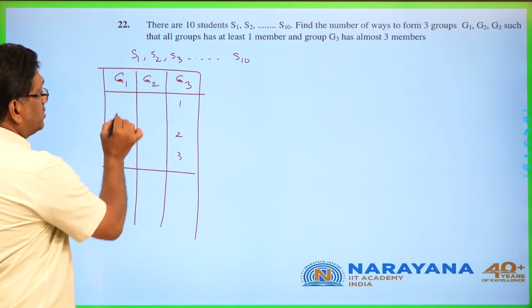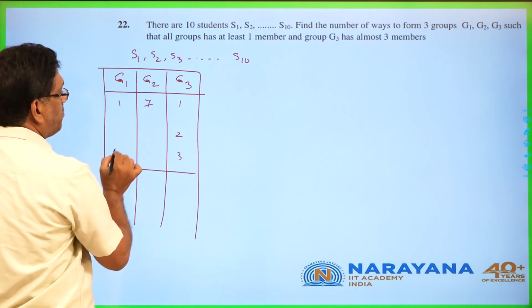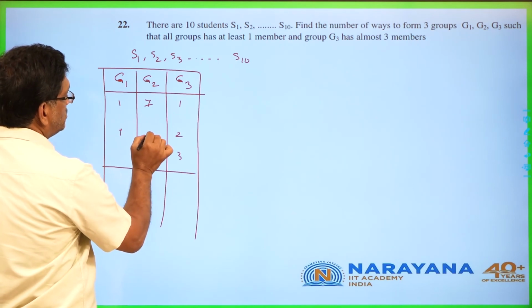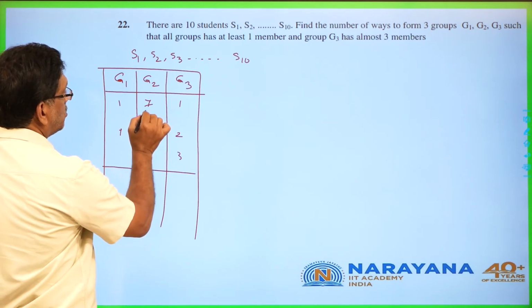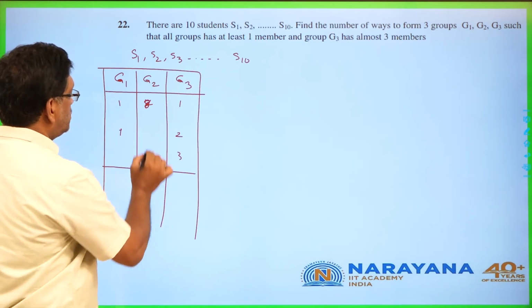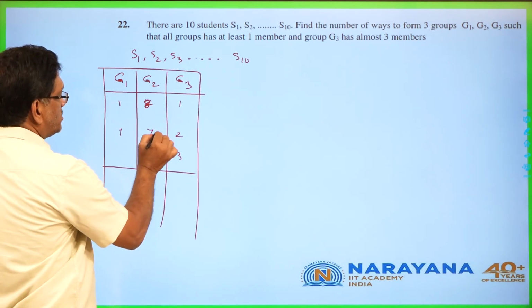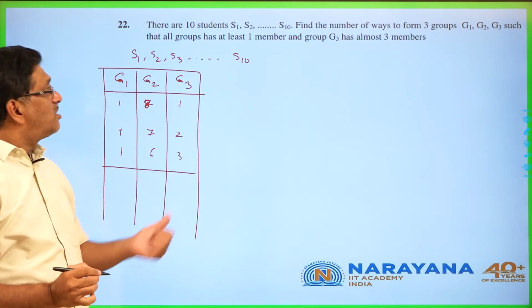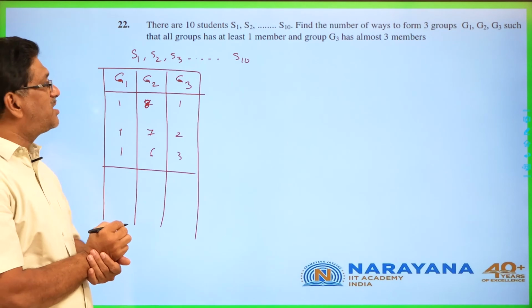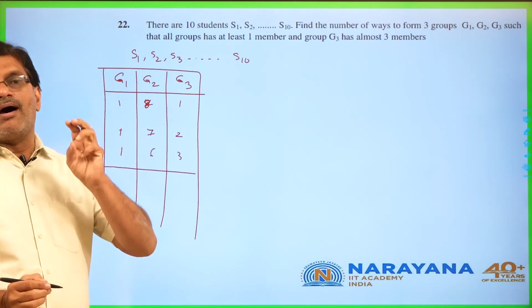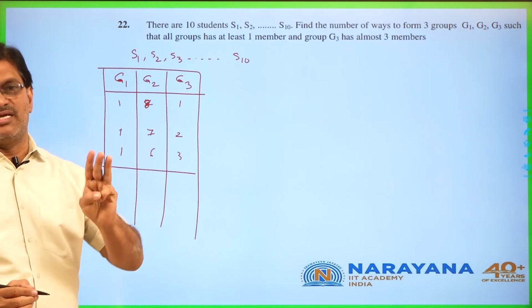So the third group is the main concern, because it should be 1 only, or 2 only, or at the most 3, right?